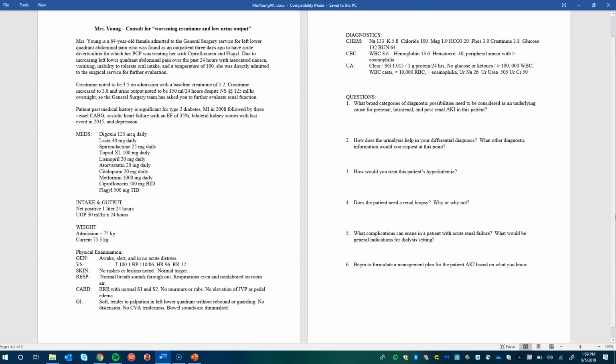So when we talk about complications that can happen with acute renal failure, remember your A's, E's, I's, O's, U's. So they can get acidotic, the electrolyte abnormalities that we talked about, hyperkalemia.